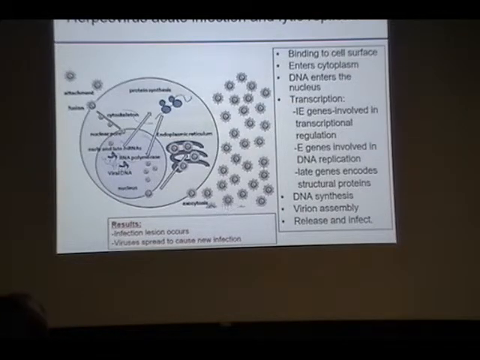Eventually, it will clear the virus and get rid of the infected cells. That's why you will have a lesion during the primary or acute infection process. The other consequence is that you will produce a lot of new viruses that can cause further new infections.